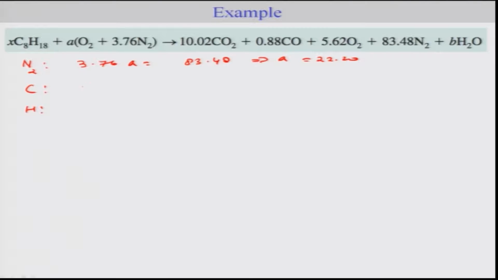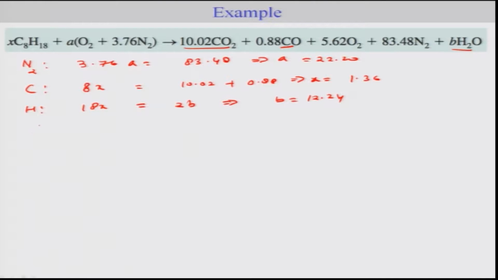What about carbon? 8x is 10.02, which is from here, plus 0.88 for carbon monoxide, leading to X being 1.36. Then for hydrogen, 18x equals 2B, so B is 12.24.